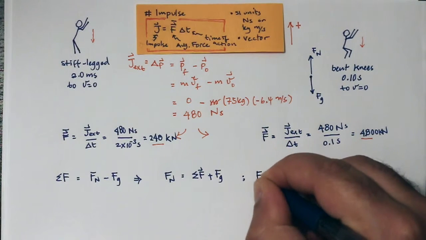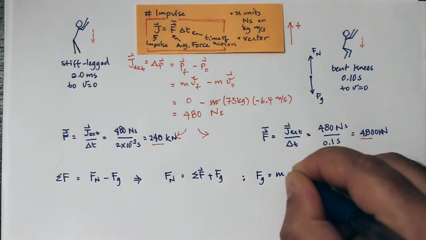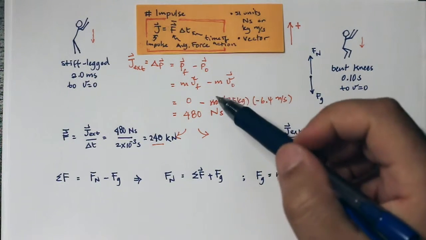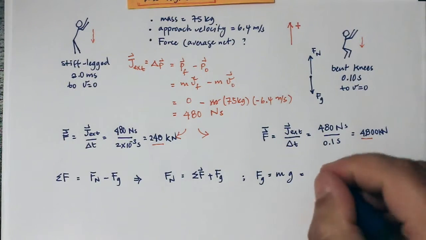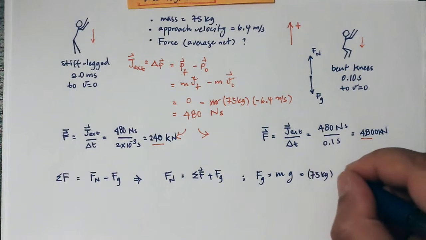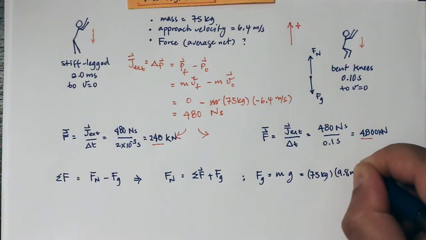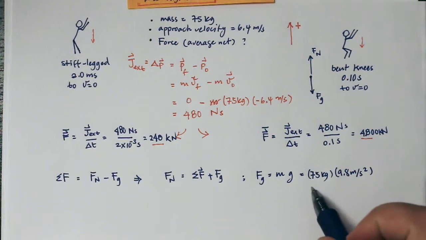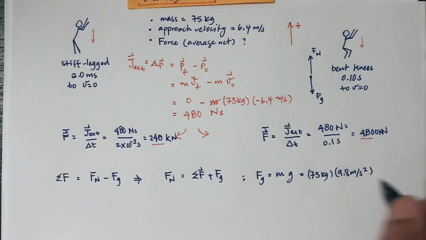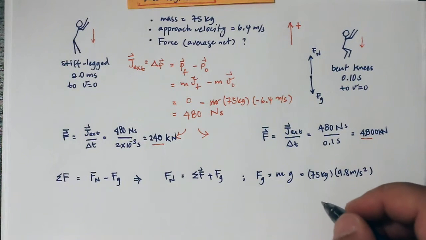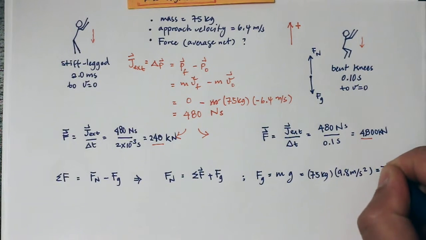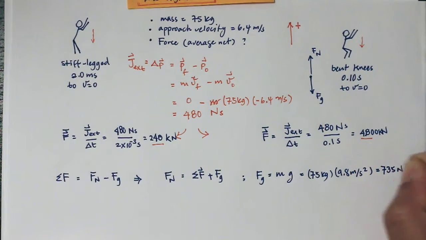And the force of gravity, I know, is going to be equal to mass times the acceleration of gravity, which in this case is the mass 75 kilograms multiplied by the gravitational acceleration. So that's 750 minus 0.2, so minus a fifth, minus 15. 750 minus 15, that's 735 newtons.